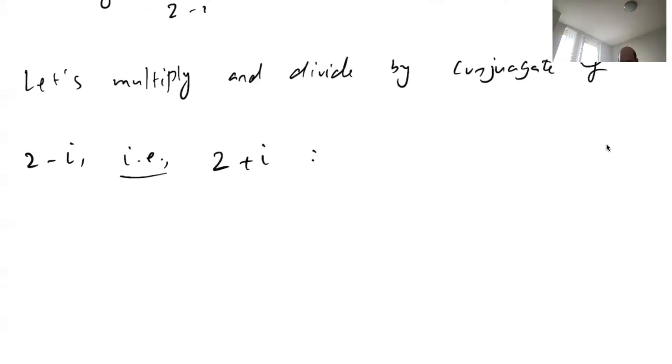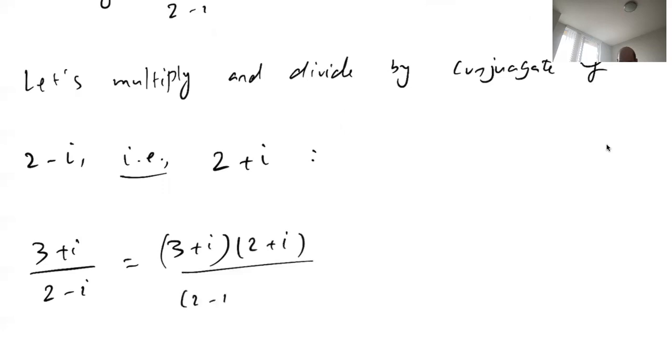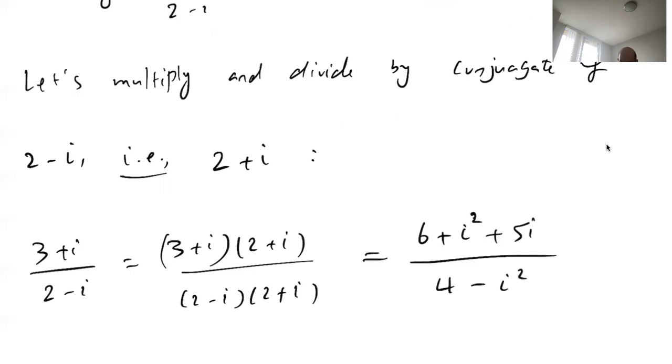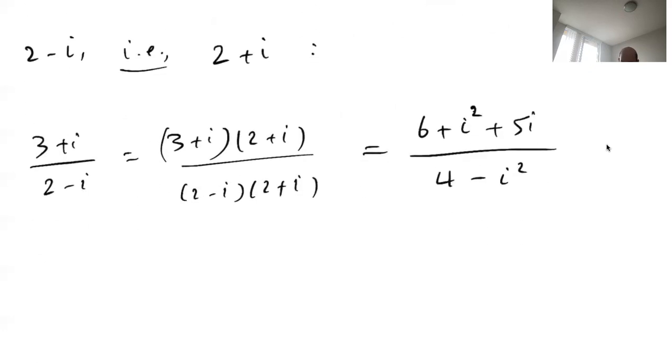So then I will have 3 plus I divided by 2 minus I equals 3 plus I times 2 plus I, divided by 2 minus I times 2 plus I. So this becomes, if I expand, 6 plus I squared plus 2I plus 3I is 5I, and in the denominator I will have 4 minus I squared. And I squared is minus 1.